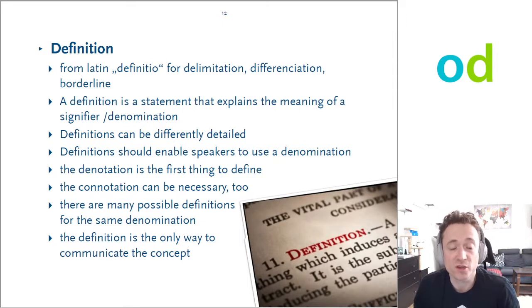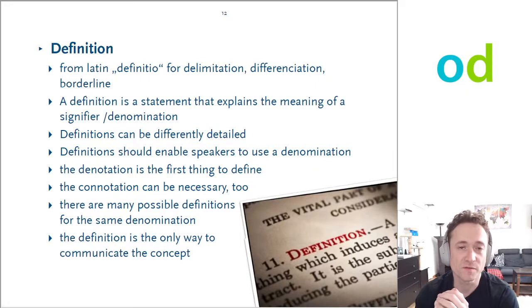So in the extremes, you could even say a definition can be one word, like a synonym. If that synonym is 100% synonym, that is a perfect definition, as long as the person you're giving that definition to knows the synonym.